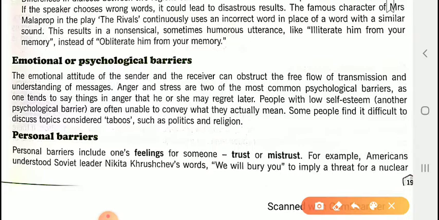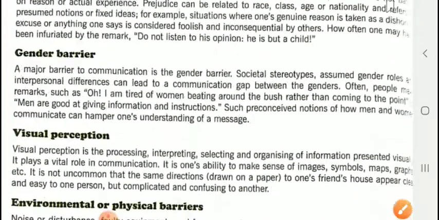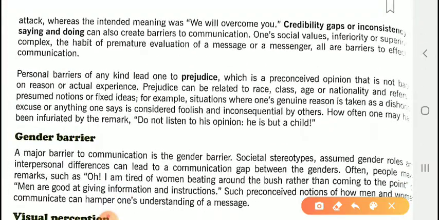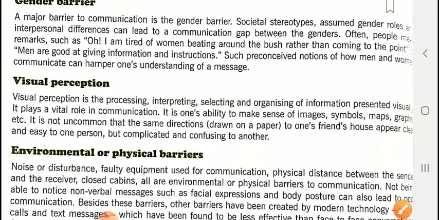Then emotional and psychological barriers are there. Then personal barriers. These are some barriers that make us not able to communicate with somebody else. Okay, then gender barrier. Some have hesitation to talk with females or ladies, that is called a gender barrier.